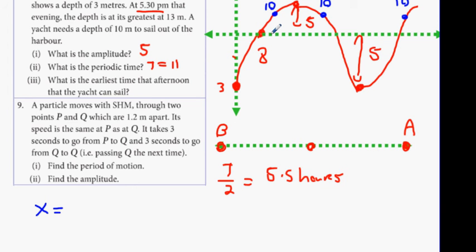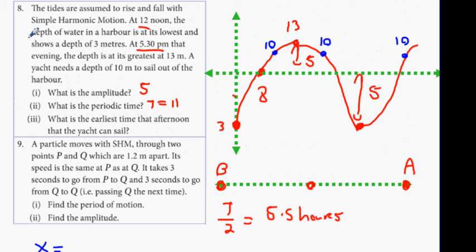It's technically 2. If you imagine 8 meters as your baseline, then 3 meters is 5 below, and 13 meters is 5 above. Would you agree with that? 3 meters is 5 below your x-axis, 13 meters is 5 above your x-axis.